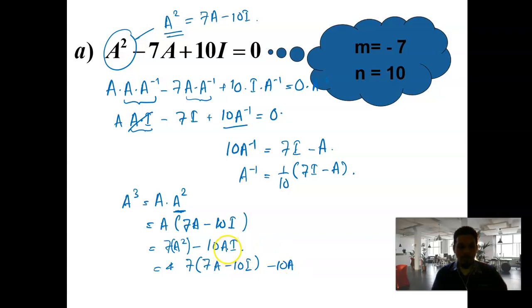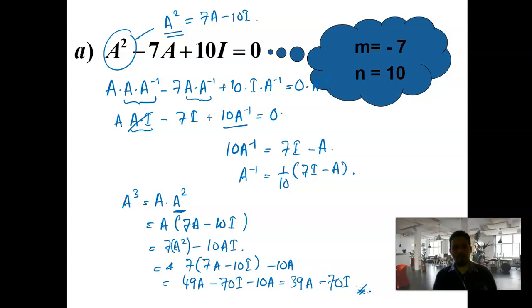Okay, because A multiplied with identity equals A, so then 7 times 7, 49A minus 7 times 10, 70 identity, minus 10A, equals 49A minus 10A, 39A minus 70I. There you go. Okay.